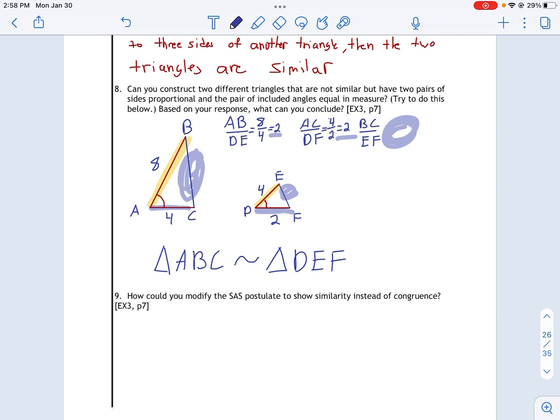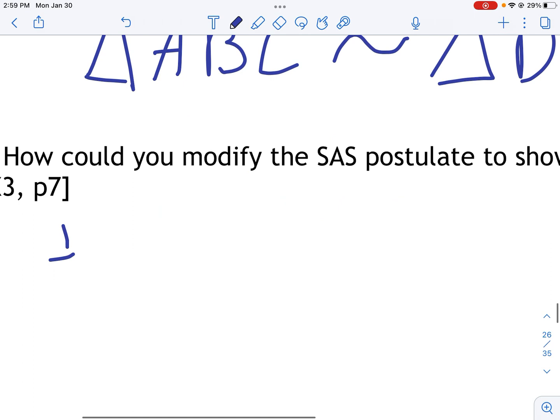Number 9. How could you modify the SAS postulate to show similarity instead of congruence? So if we wanted congruence, we would have to show that the 2 triangles are congruent by showing the sides are the same and the angle is the same. But we're going to talk about similar this time.